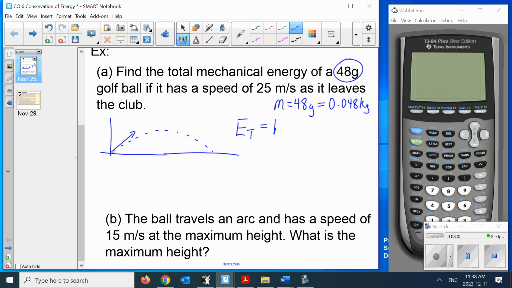The total energy is equal to the kinetic energy plus the potential energy.